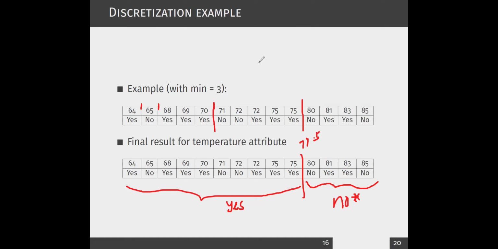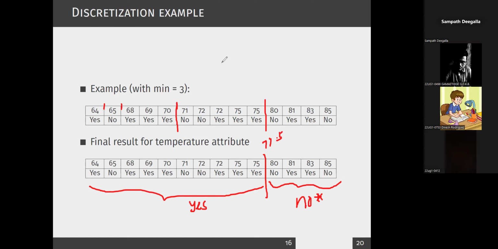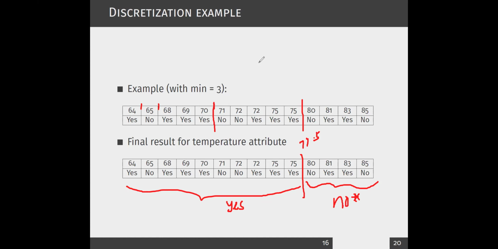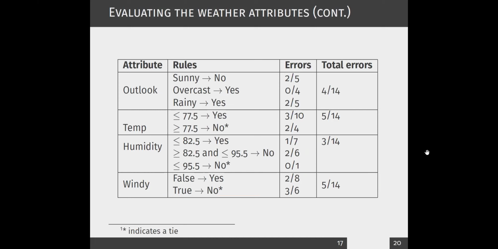Right, let's see. In the next one, you can notice, yes, the updated table, the way we have discussed, we have worked on temperature. But if you work on humidity, that is what you should be getting. Right, given this, can you tell me which one is the best one?